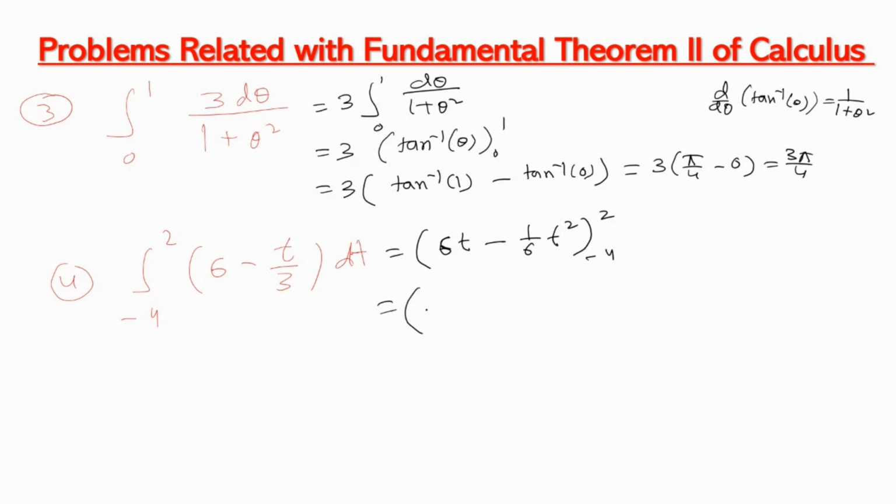So I will put the 2 first, so it will be 12 minus 4 over 6, then minus 24, and then minus 16. So 12 plus 24, so 36, and minus 4 over 6 plus 16 over 6, so it will be plus 12 over 6, so that means 2. So this answer is 38.